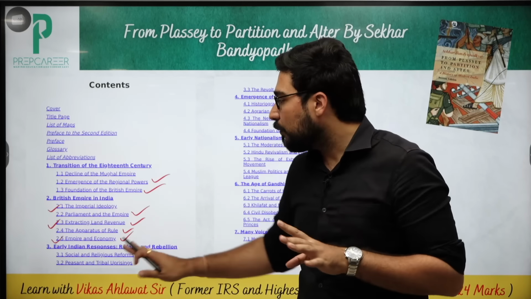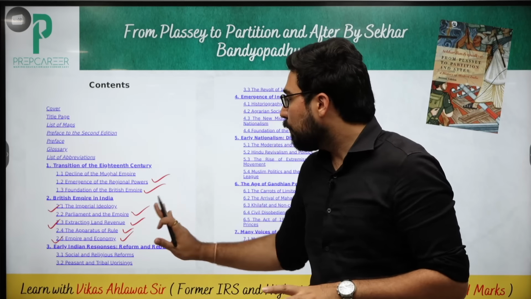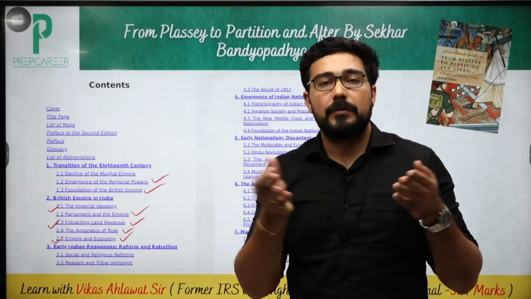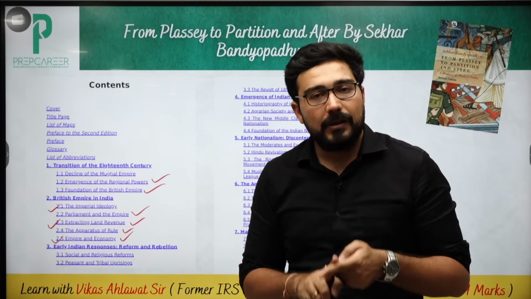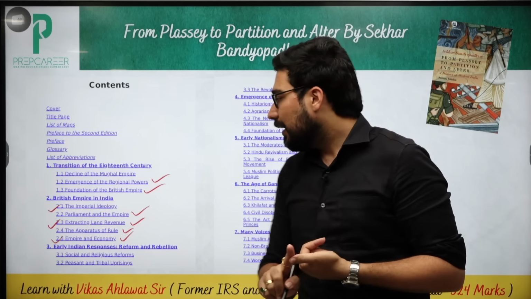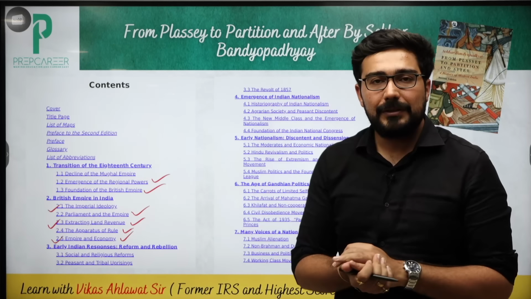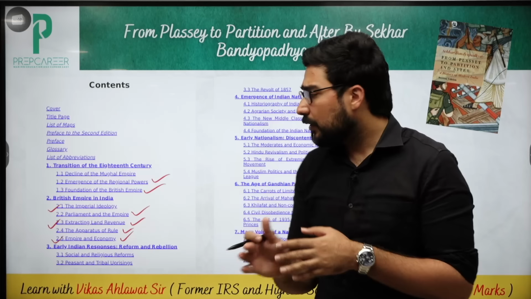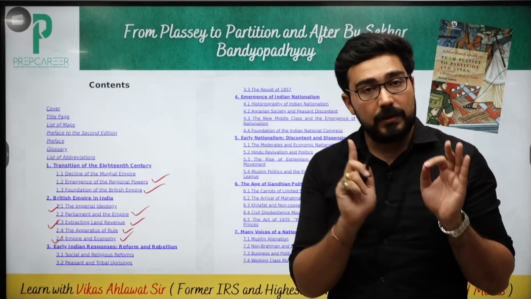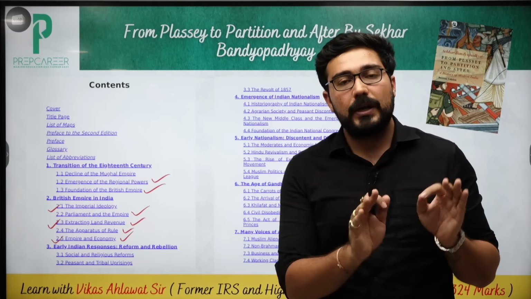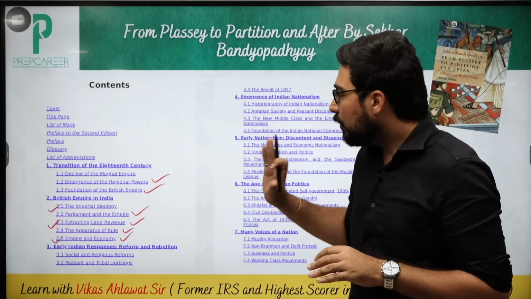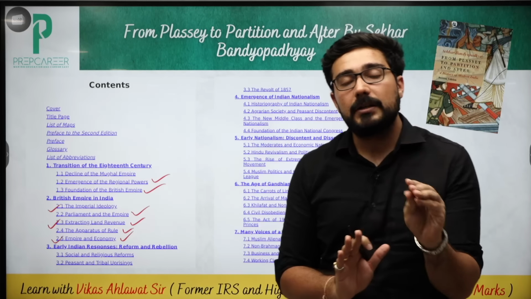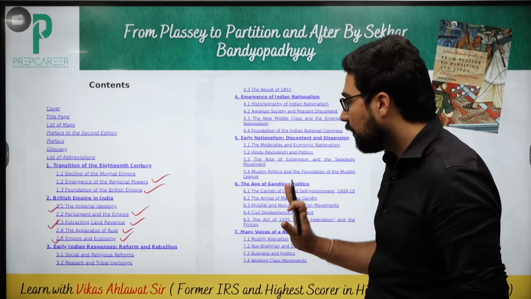So 2.3 and 2.5 are very important. 2.4 is just for understanding what was the apparatus of the rule, army, police, judicial system, the relationship with the princes also. So that is given in 2.4, not very important from exam point of view, but 2.3 and 2.5 are very important. 2.2 also has come many times. So 2.2, 2.3 and 2.5, I'll consider them very important from this book.